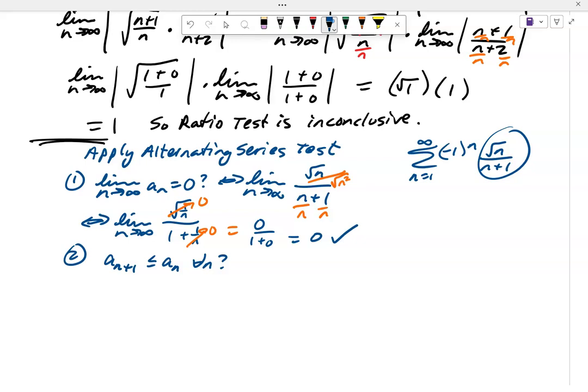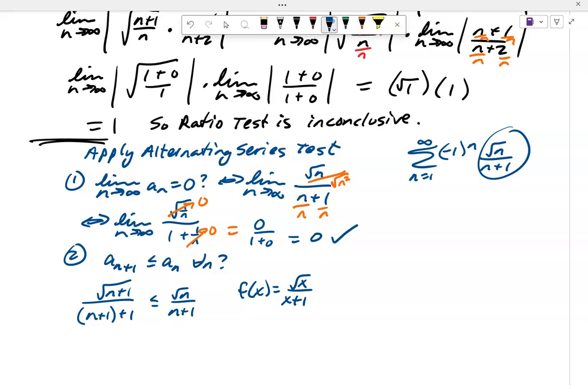And so you've got square root of n plus 1 over n plus 1 plus 1. Is that less than or equal to the square root of n over n plus 1? That's the question, right? Well, maybe it's easier for this one just to use the first derivative test and see if it's decreasing or not.